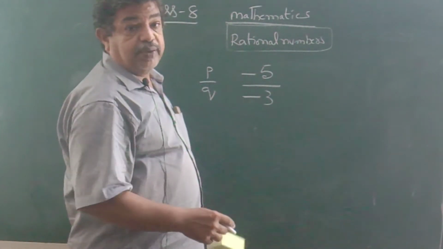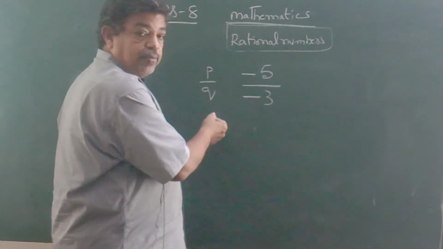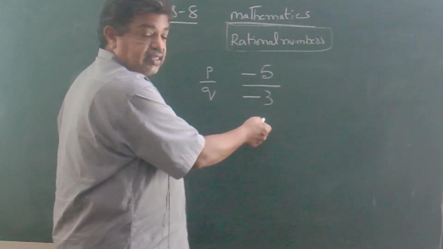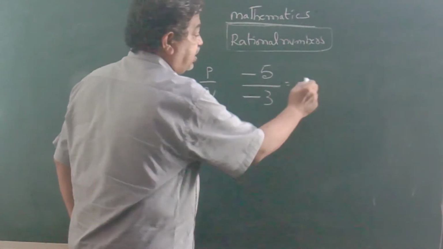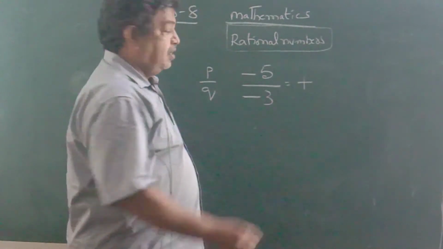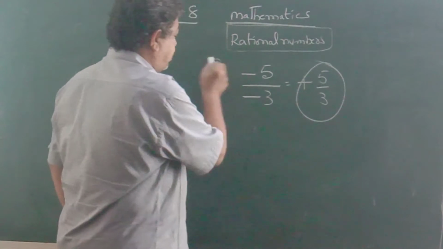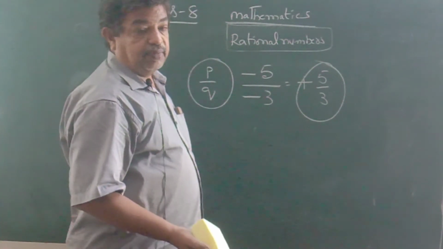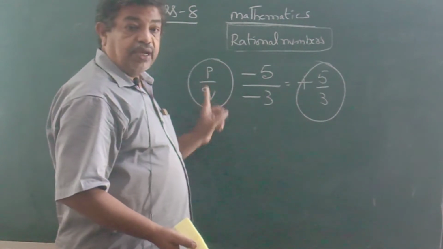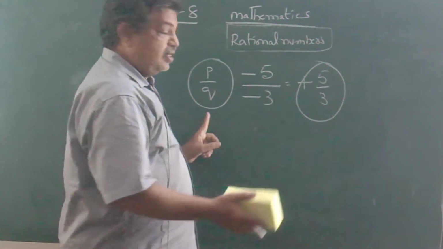Minus 5 by minus 3 is a number in the form of p by q where p and q are integers. Here we can simplify this as minus divided by minus. We learned in integers, it is plus. So it represents 5 by 3. Again 5 by 3 is in the form of p by q. P by q is a rational number. So any number of the form p by q is a rational number where p and q are integers.